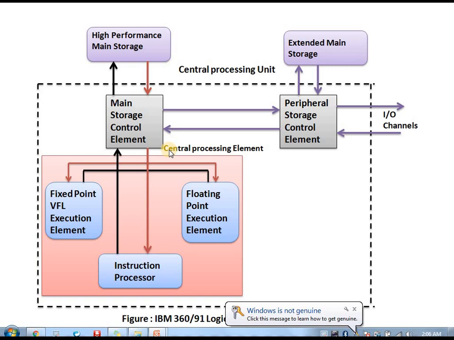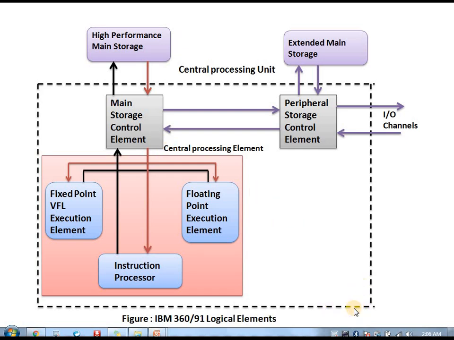The peripheral storage control element handles the transfer of information between the main storage control element, extended main storage, and the input output channel. So this is the brief discussion about the logical elements of IBM System 360/91.